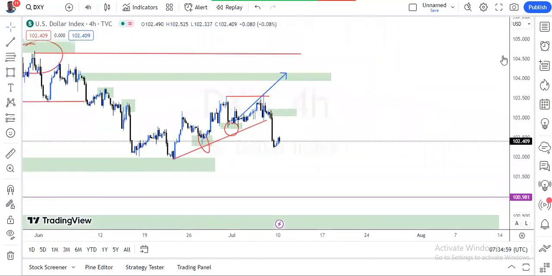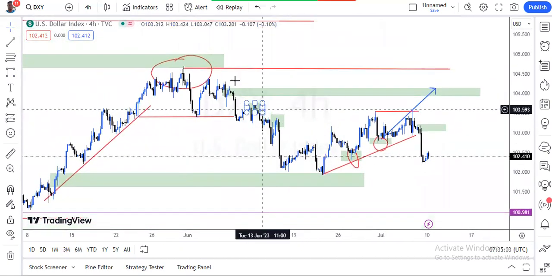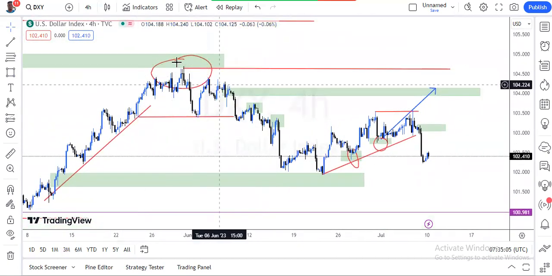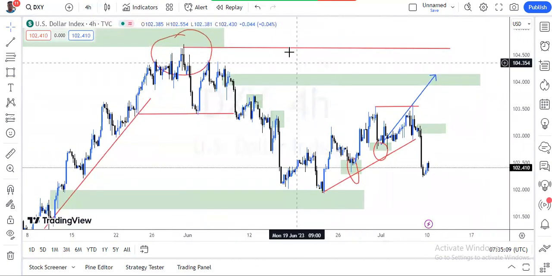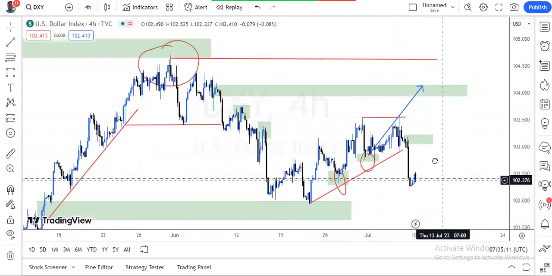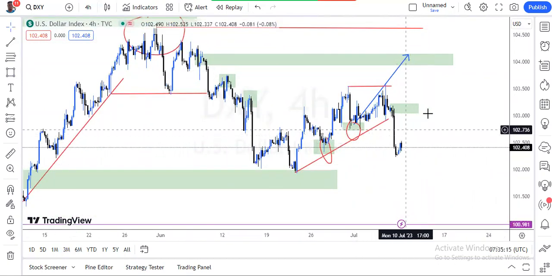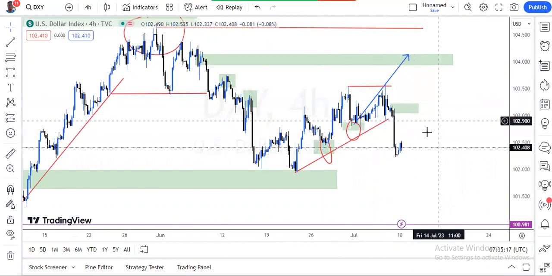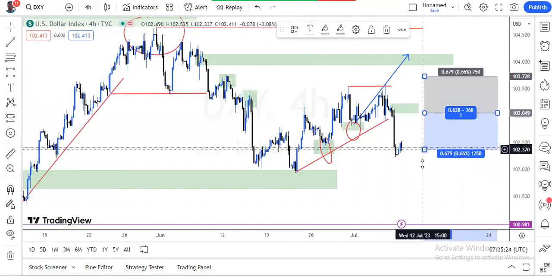It is worthy of note that whenever price grabs liquidity, it looks for an order block, like an institutional candle, and then it goes the direction it ought to go. So at this point, we are expecting price to get into this zone, and then we take a short.